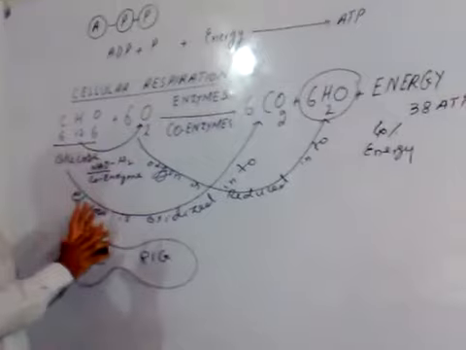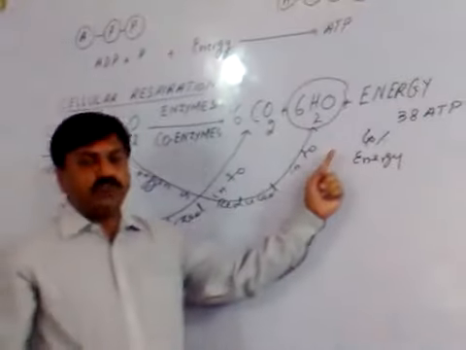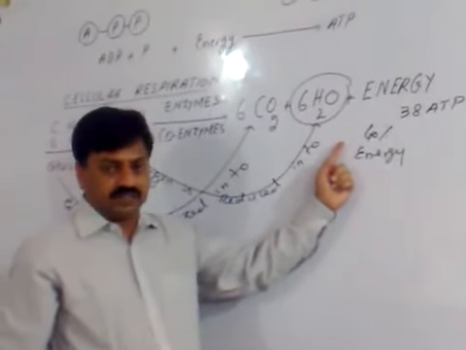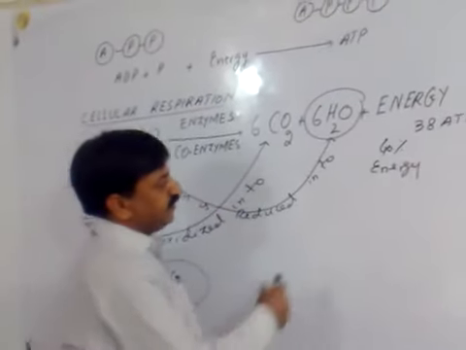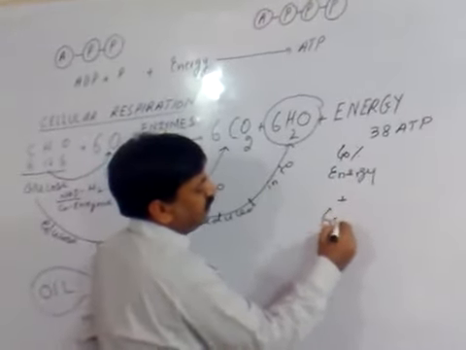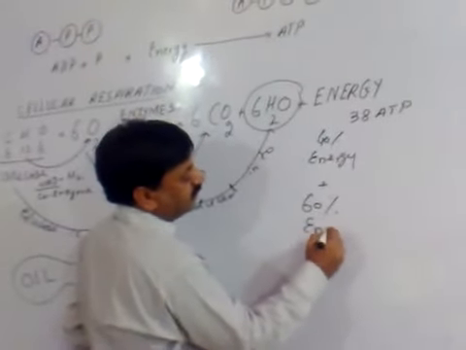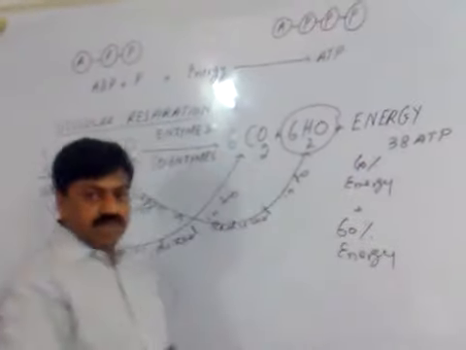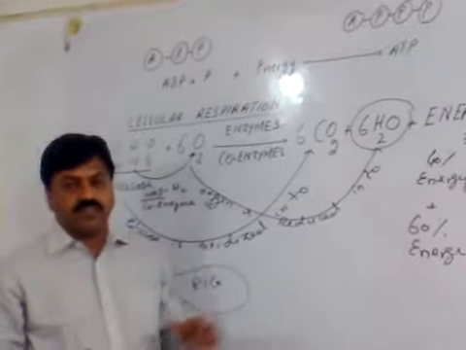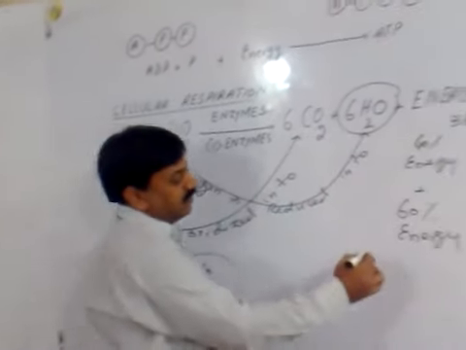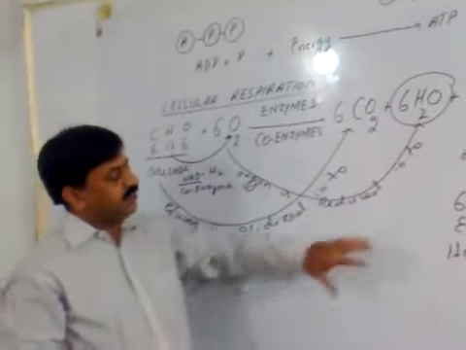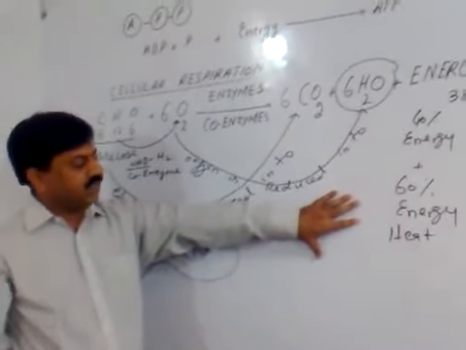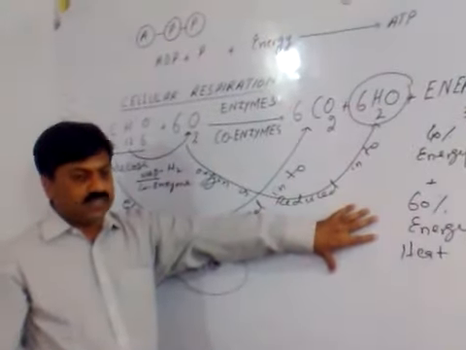Whatever energy is released, only 40% accounts for the formation of 38 ATP. So what about the remaining 60% of energy? The remaining 60% of the energy is lost in the form of heat.